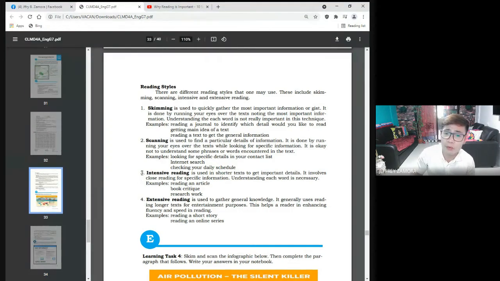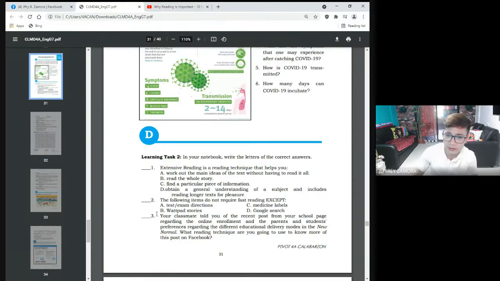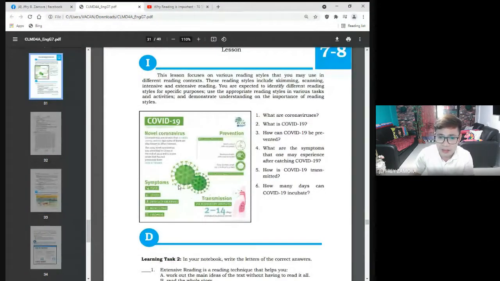Here are the important details, and it involves close reading for specific information. So when you say close reading, you are understanding each word. Let's say, for example, here in the infographs, the symptoms. Okay, fever. And you don't know what this fever is. Siyempre, magre-research ka na ngayon all about fever.